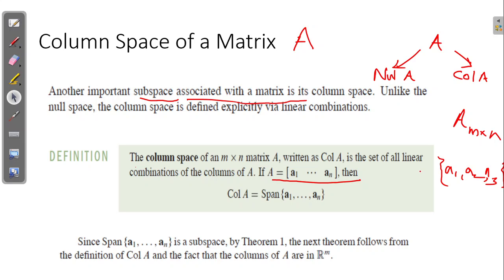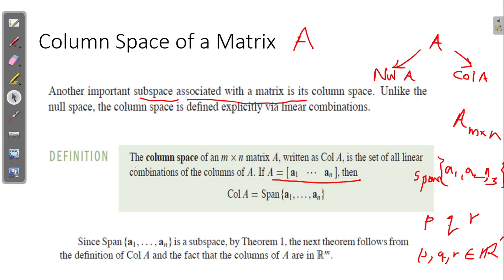What do you mean by this? It means I will take three arbitrary real numbers, for example P, Q, R, where P, Q, and R belong to the set of all real numbers R1.